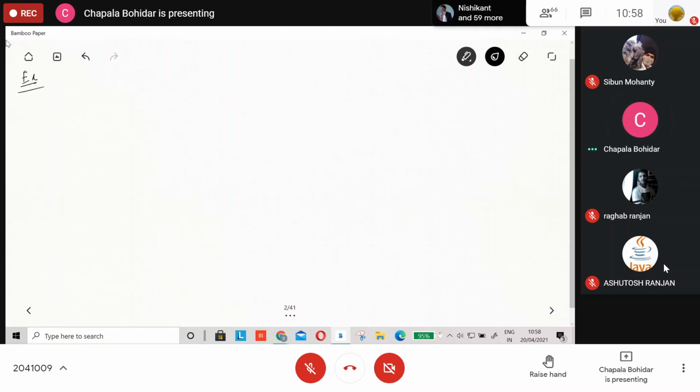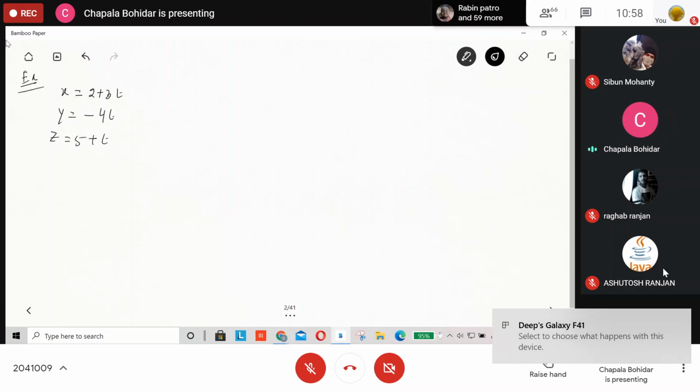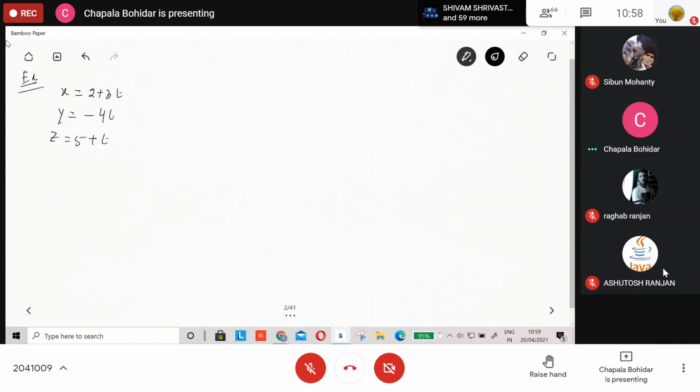The parametric equations are given: x is equal to 2 plus 3t, y is equal to minus 4t, and z is equal to 5 plus t. Intersect the plane 4x plus 5y minus 2z is equal to 18.